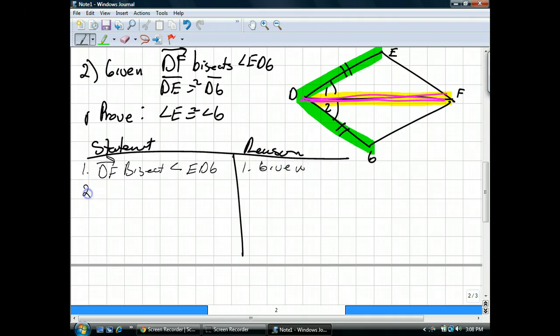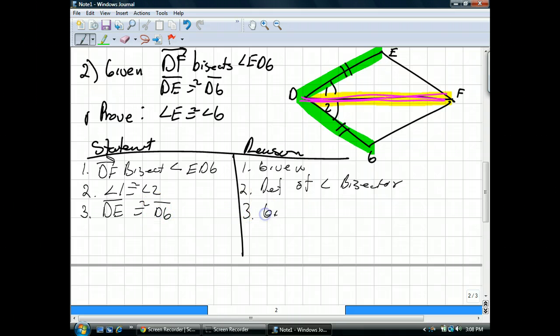Then from that, we said, okay, well that means angle 1 is congruent to angle 2 by definition of angle bisector. Then we also know that segment DE is congruent to segment DG, and we know that because it's given.